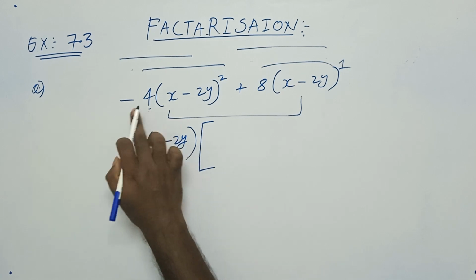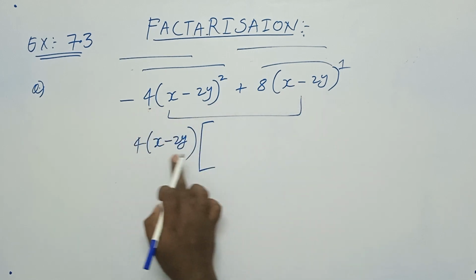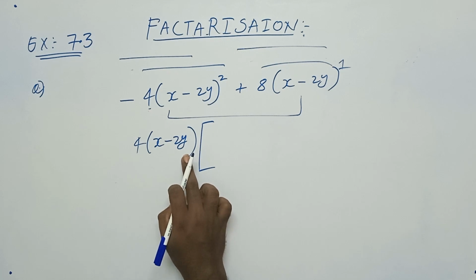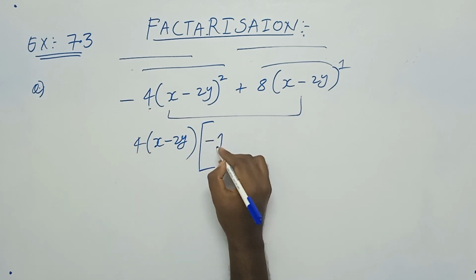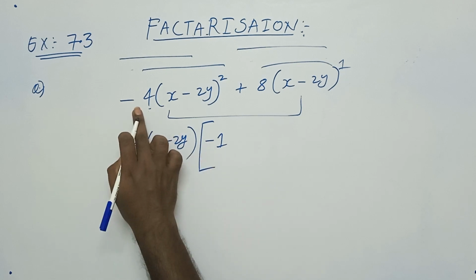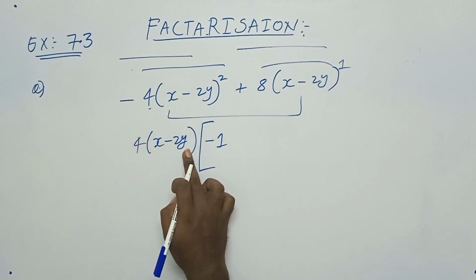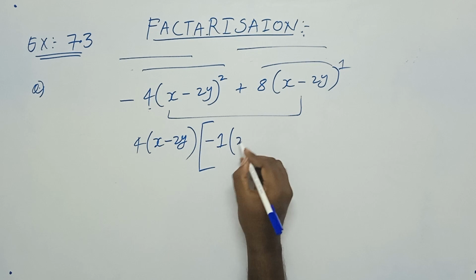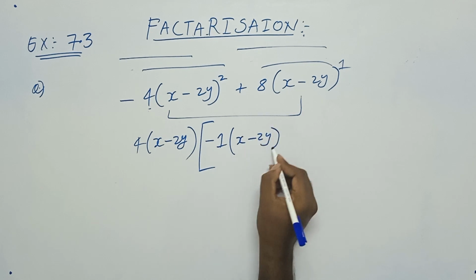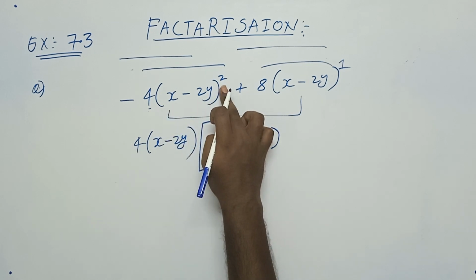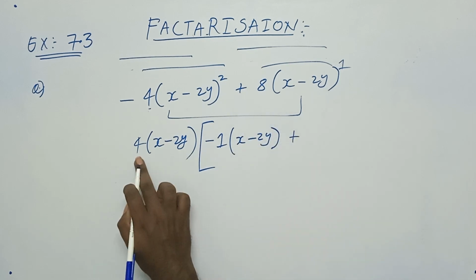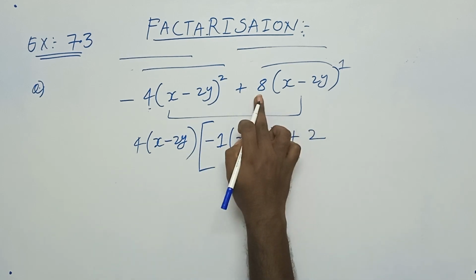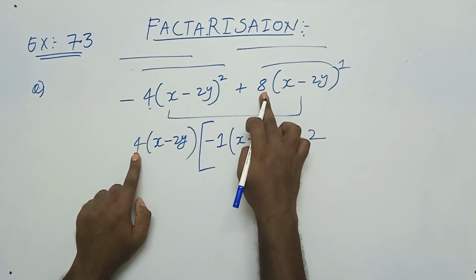Now we are going to divide the whole expression by 4 of x minus 2y. So what will you get? 4 into minus 1 times is minus 4, right? x minus 2y into x minus 2y times is x minus 2y whole square, right? Next we have a plus sign, we are going to keep the plus sign. 4 2s are 8.